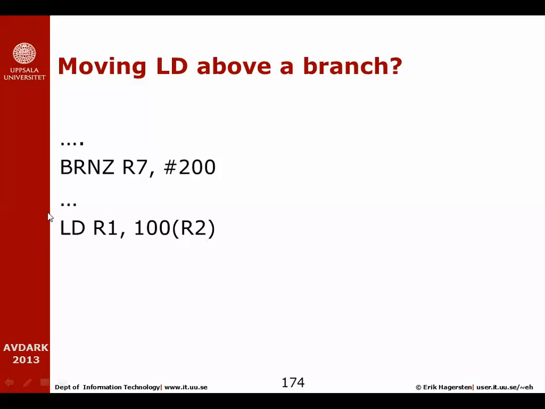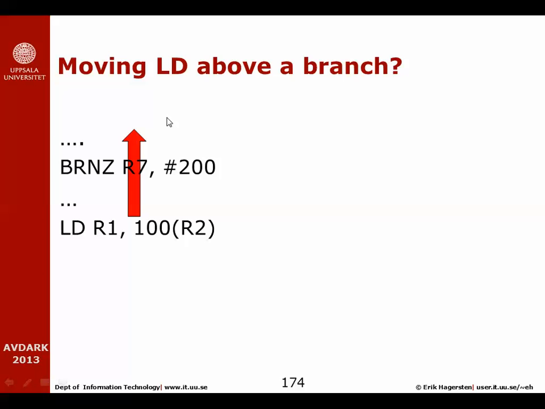But fortunately, this instruction is never executed because our hero, the branch, is sitting just above it and makes sure that we only execute this instruction when it's safe to do so. But what we would like to do here is to pull this load instruction high up in the execution to get more instruction level parallelism.